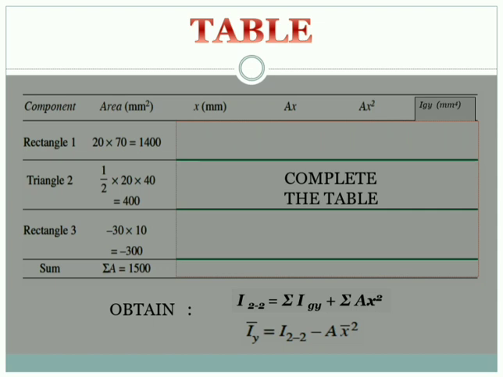The symmetrical axis is horizontal, hence our normal axis will be vertical. So we first find the I value with respect to your I 2-2, then use the parallel axis theorem to get the value of I bar y, then use that I bar y value to find the radius of gyration.